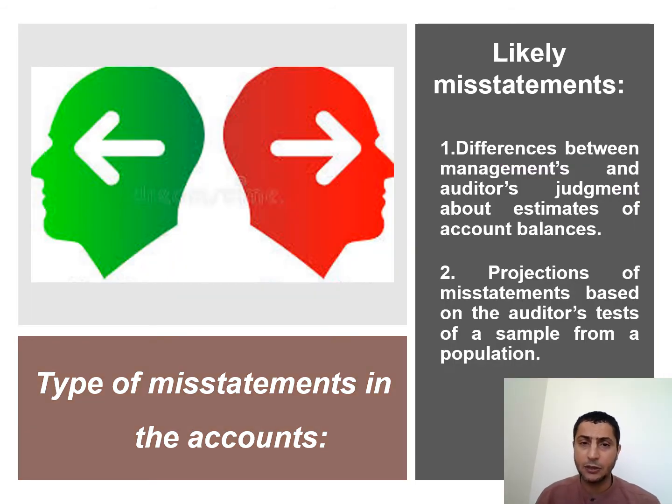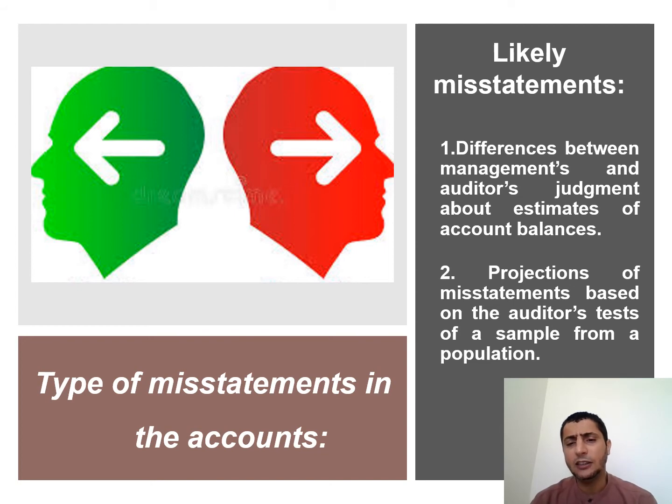Okay, for likely misstatement, we have two types. The first one is the difference between the management and the auditor's judgment about the estimated account balances. For example, in the depreciation estimation, maybe the management has a different view from the auditor, and the auditor will decide whether the view of the management is acceptable or not.